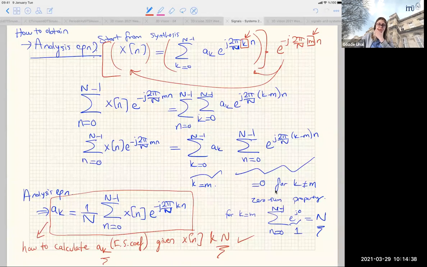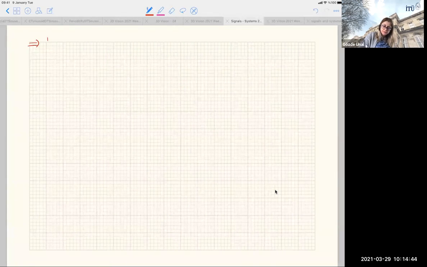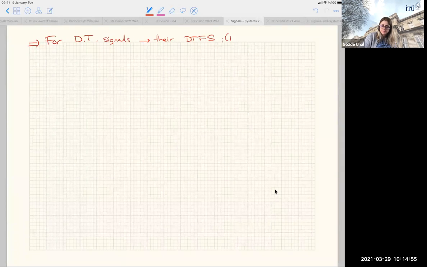In continuous time, remember, these ak did not have any periodicity property, but for discrete time signals, their discrete time Fourier series has a special property.